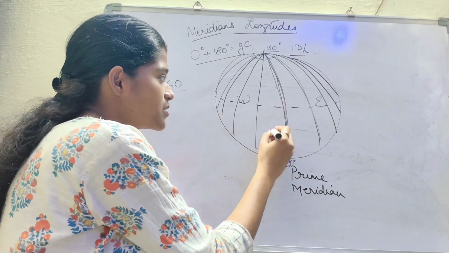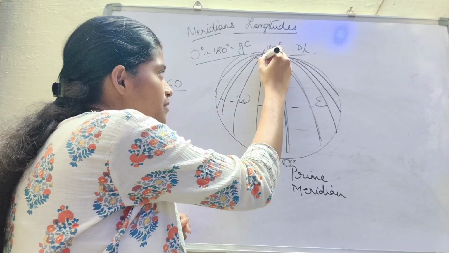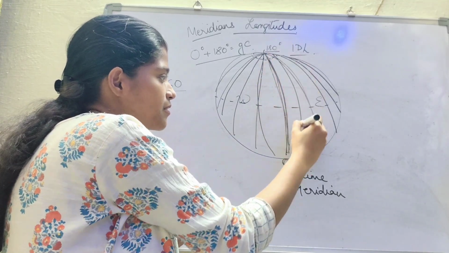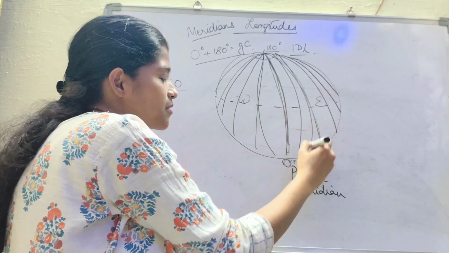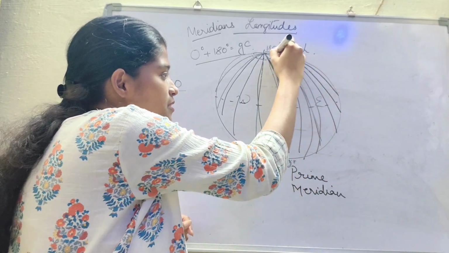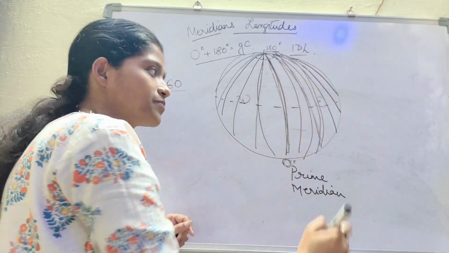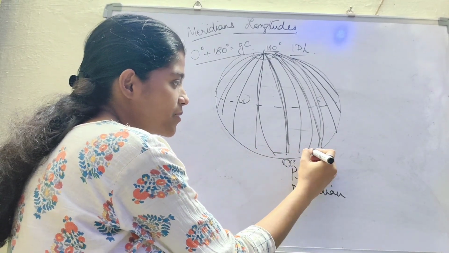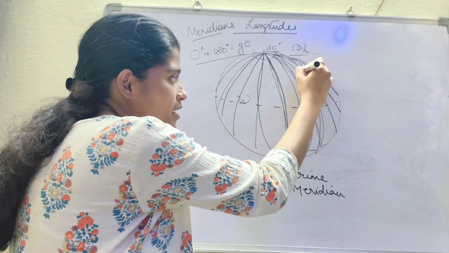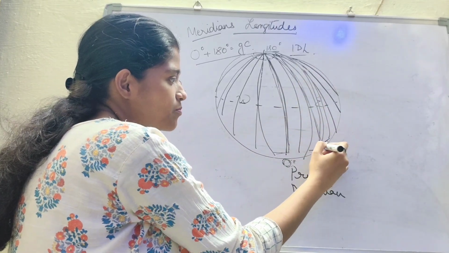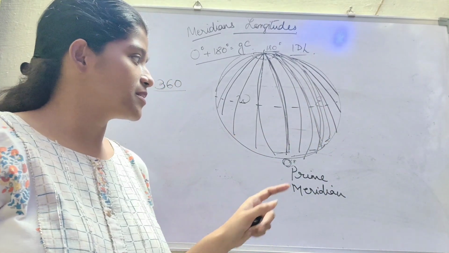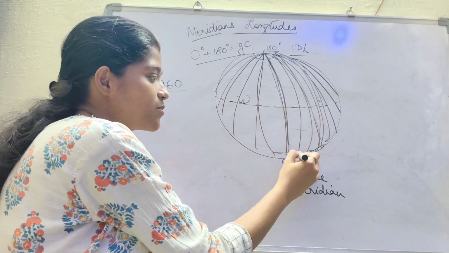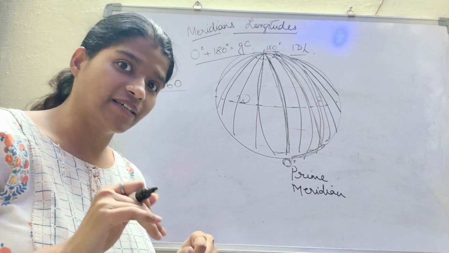But as we move towards the poles, the distance starts decreasing. See, the distance is decreasing here, while here it is not so.